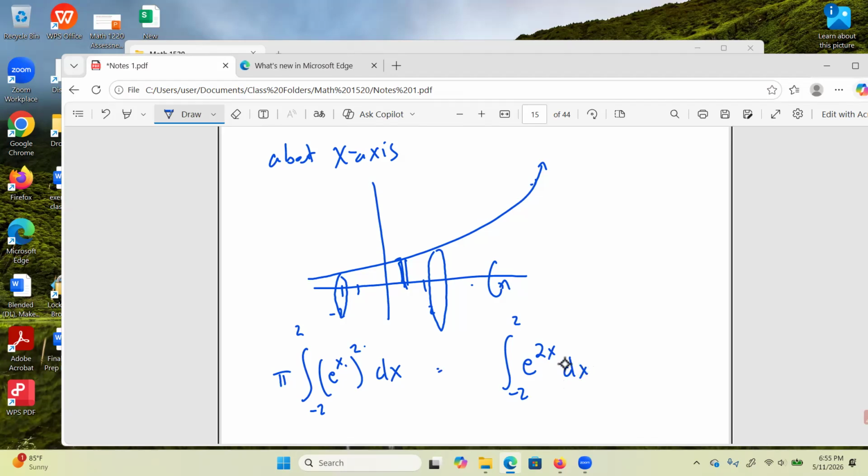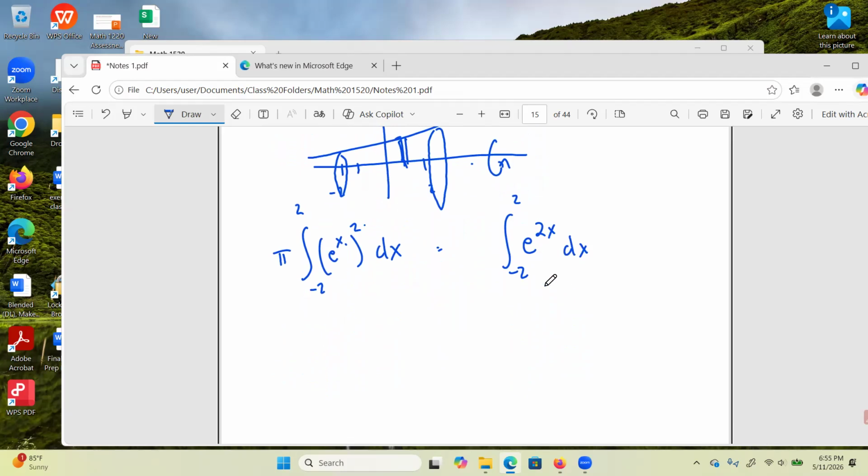And we have to figure out how to integrate this. If you remember the formula, that's great. If it's been a couple of weeks since you've had calculus, we're going to do a tiny u substitution. Let u equal 2x, du equals 2dx.